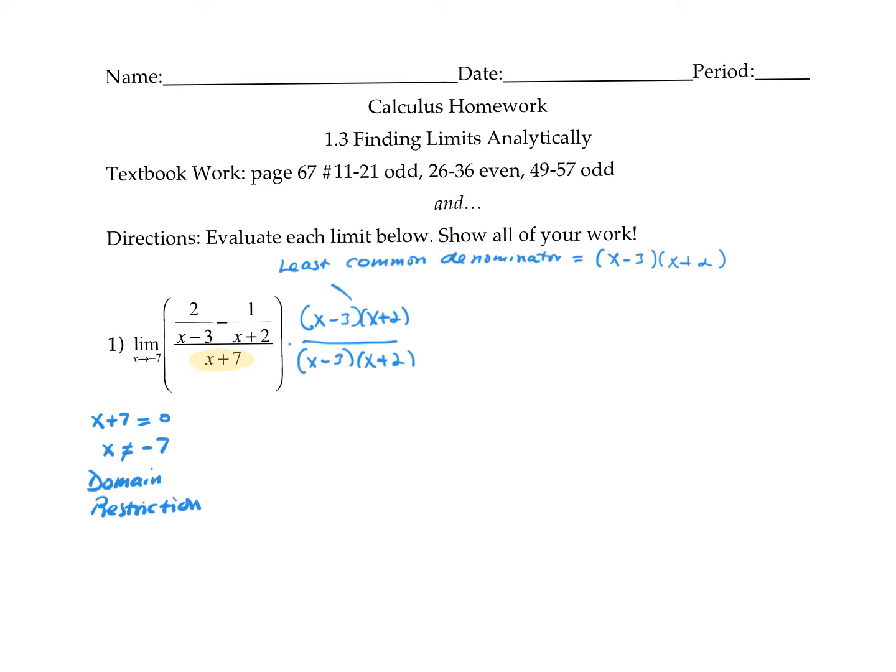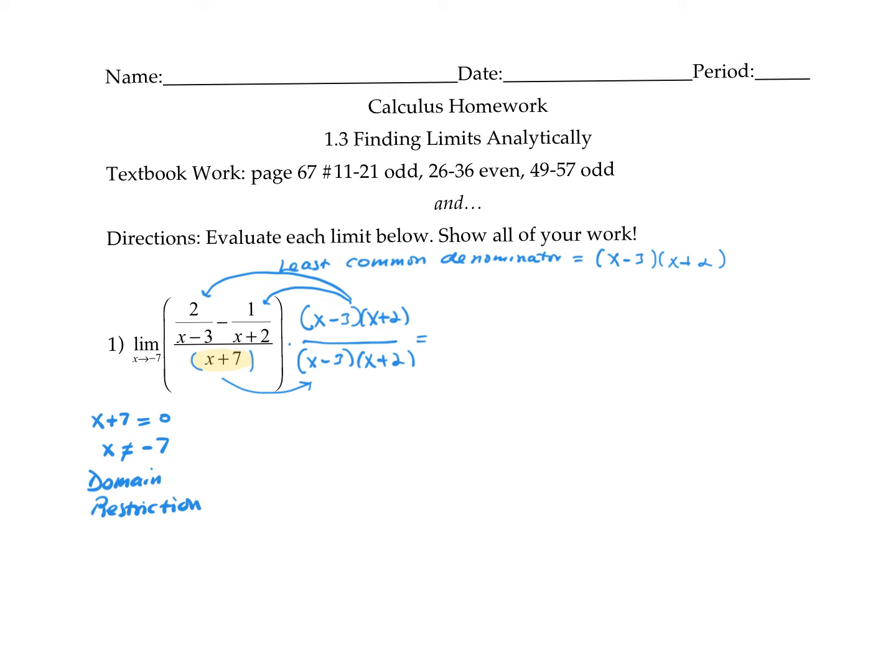So we're going to multiply that fraction 2 over x minus 3 by the LCD. We're going to multiply minus 1 over x plus 2 by the LCD. And we even have to multiply the denominator, x plus 7, by the LCD.